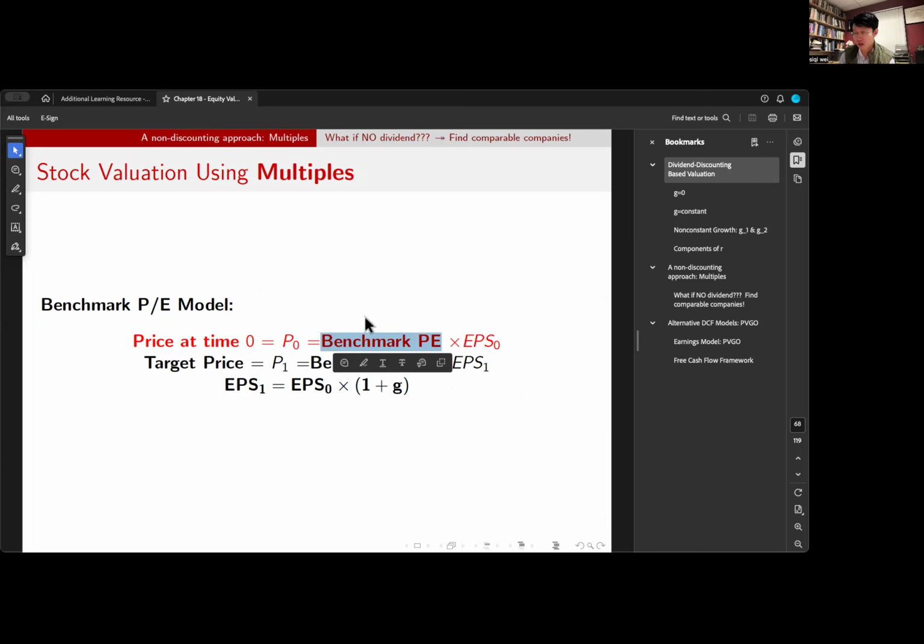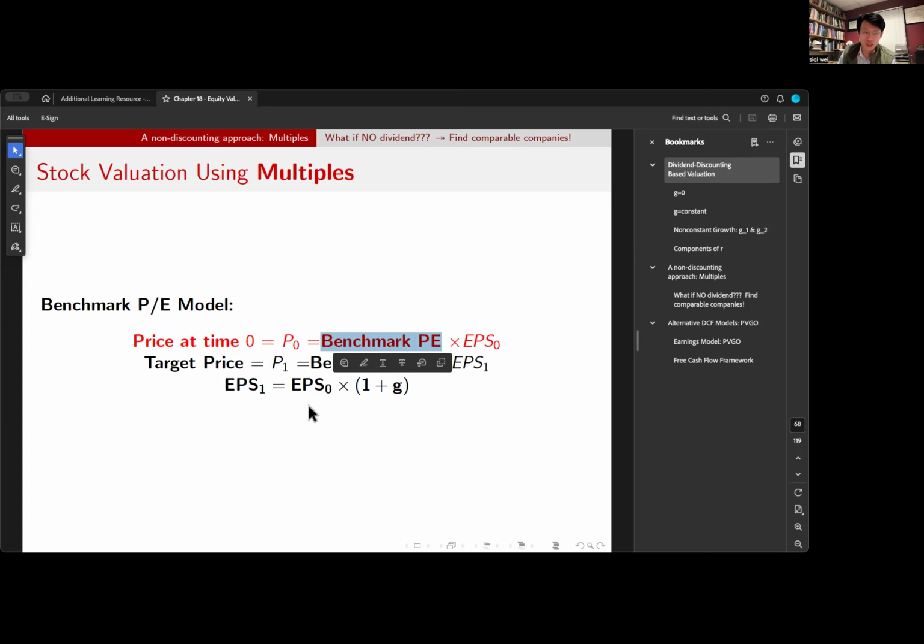For example, when you are talking about Microsoft, you may compare this mega cap company to some other high tech companies like, I don't know, Apple, Google, Amazon, right? So you can find out some industry peers or comparables and calculate the average of their PE ratio and use that benchmark as a number to establish the share price.